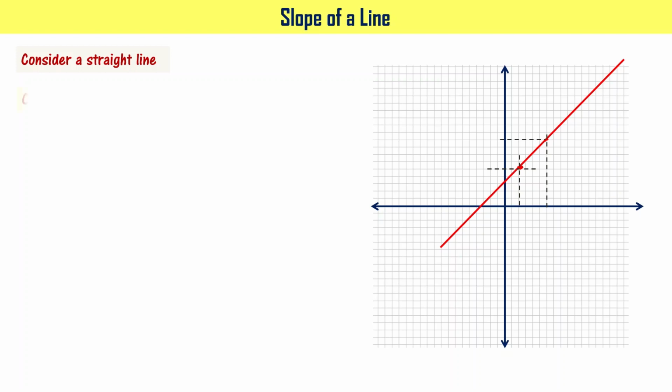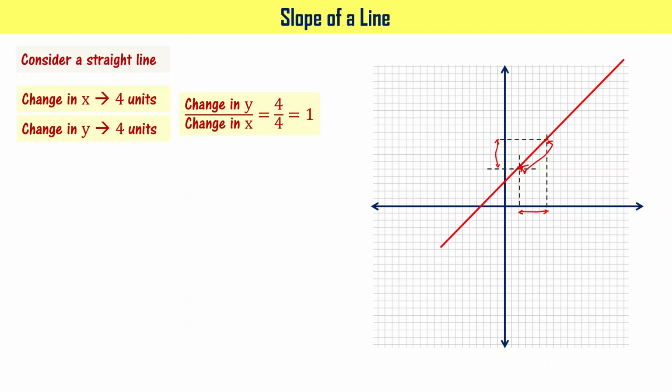If you observe the change in x, and similarly the change in y, when you are moving from one point here to another point here, the x changes 4 units and y is also changing 4 units, right? Now let me take the ratio. Change in y by change in x is 4 by 4, that is equal to 1, right?